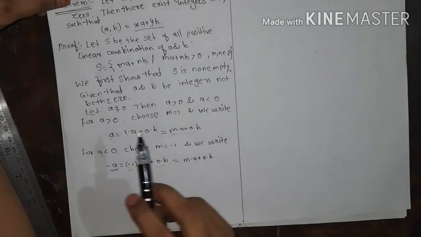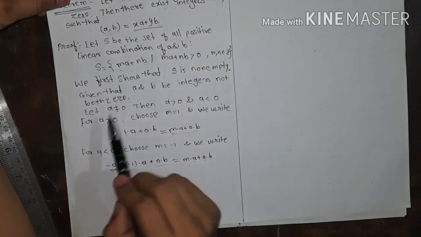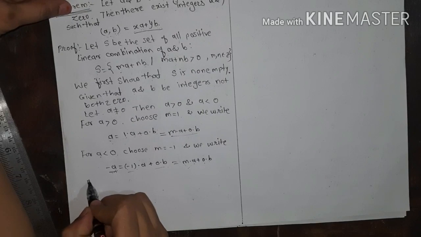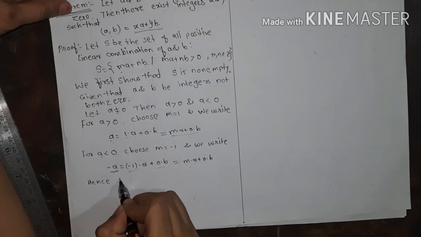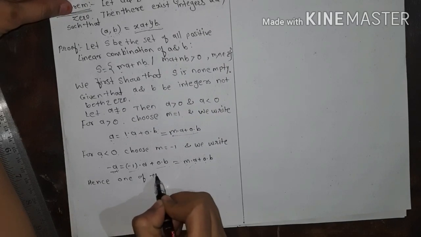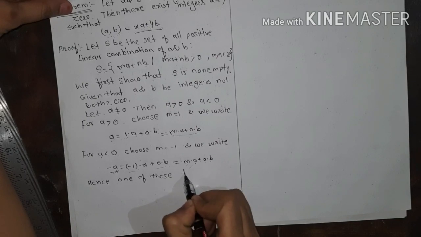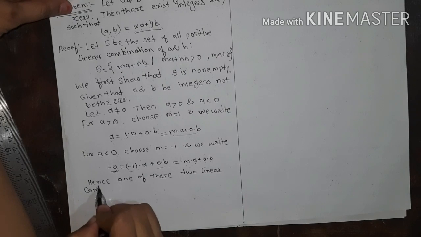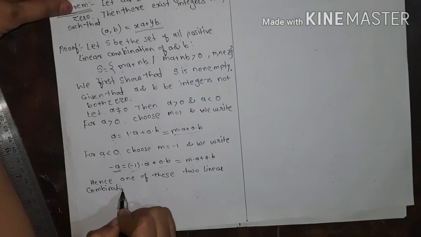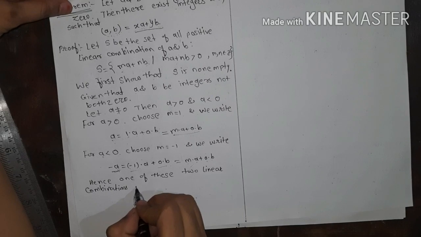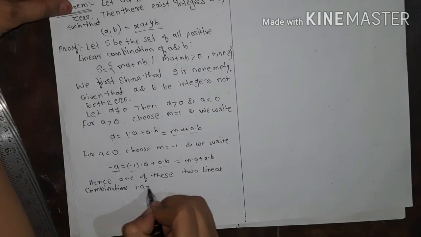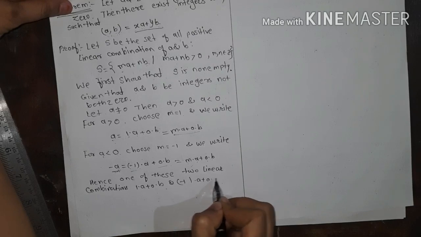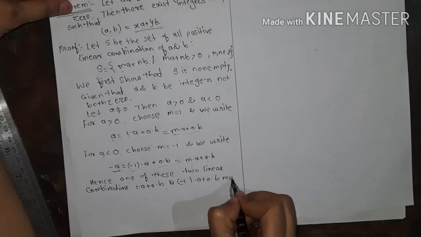So in both cases, this belongs to the set S. That is, we write here: hence one of these two linear combinations, 1 into A plus 0 into B and minus 1 into A plus 0 into B, must be positive.